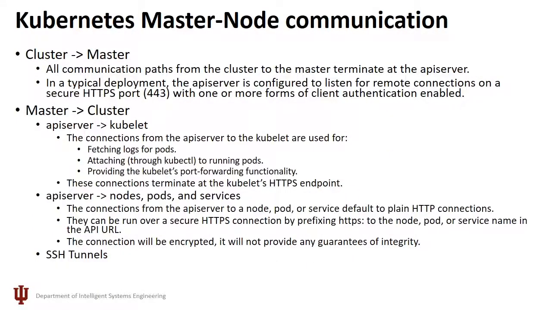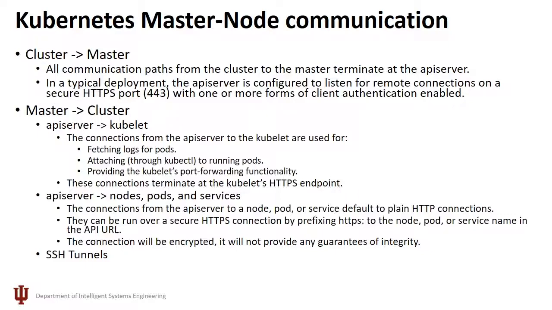So when we have a cluster, the cluster is controlled by the master. All communication from the cluster is terminated by the master through its APIs if needed. And if you have a communication from the master to the cluster, we can invoke the API server, and that controls the kubelets on each one of the nodes, and you can then communicate with them.